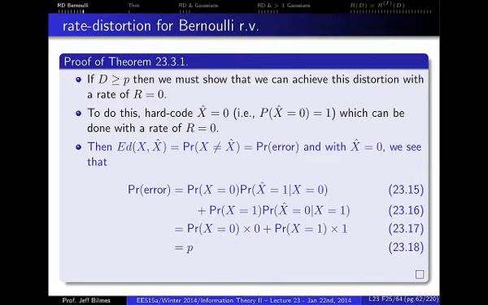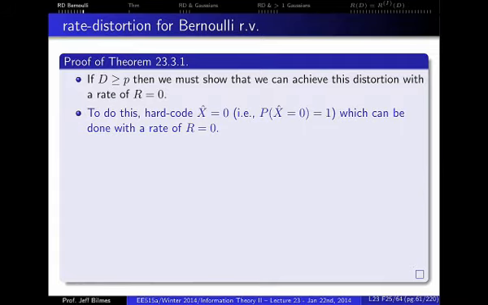The probability of error, when we do this, needs to be bounded. So let me just make sure this is clear. Is it clear that we're getting a rate of 0 by doing this? Okay.